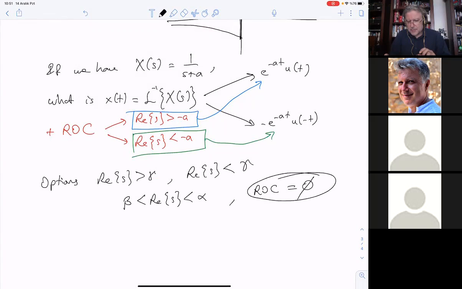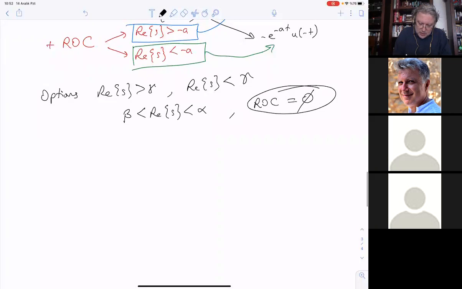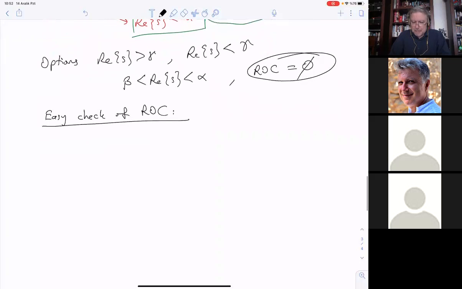Sometimes the integrations will be too complicated and we cannot really deduce the condition of convergence of this very complicated integral. But there is an easy way to check the region of convergence. Easy check of region of convergence.